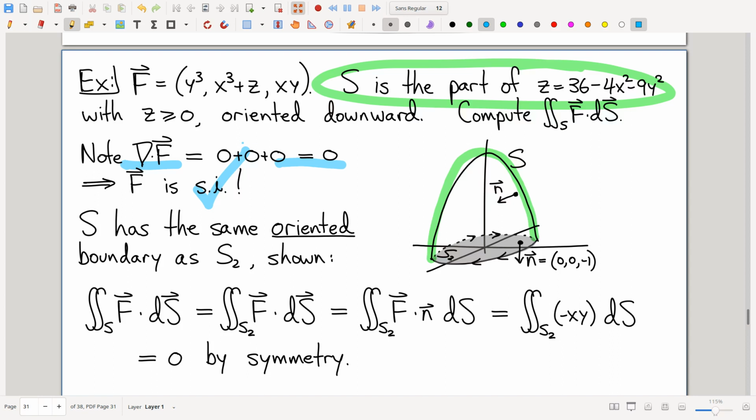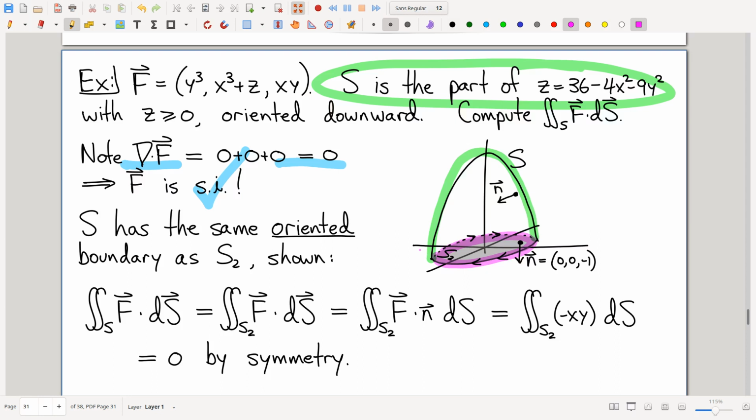I am no longer stuck with this curvy, unfriendly surface that the question gave to us. I can pick any other surface I want. Does that make sense to everybody? Now again, reminder, you do have to keep your boundary. So here's the boundary of my original surface, this green surface S. And what surface do I want to choose?